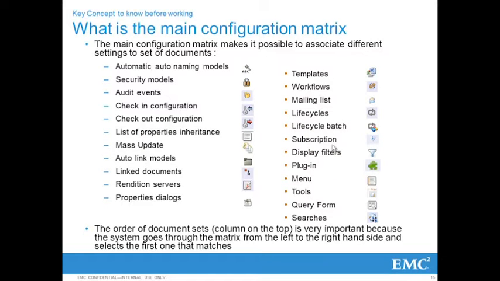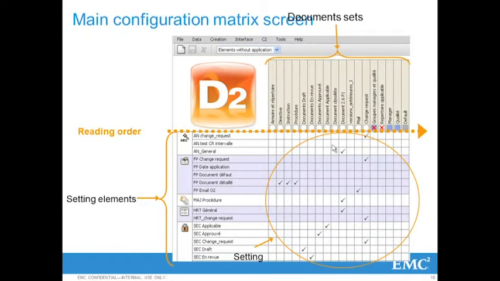To do this, we are going to use the main configuration matrix, which is the main grid that we've seen during the demo. It's important to understand how this main matrix works, because as I said during the demo, you have to create document sets, and then you have to create settings elements, configuration objects, business rules, which are here on the left.